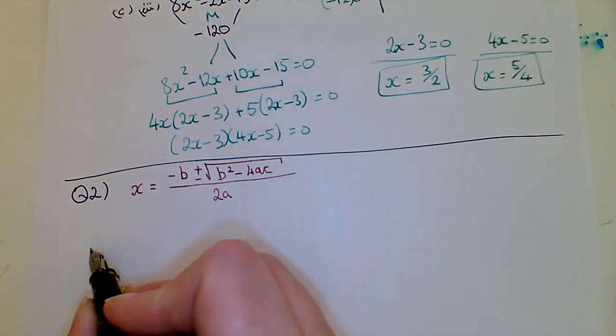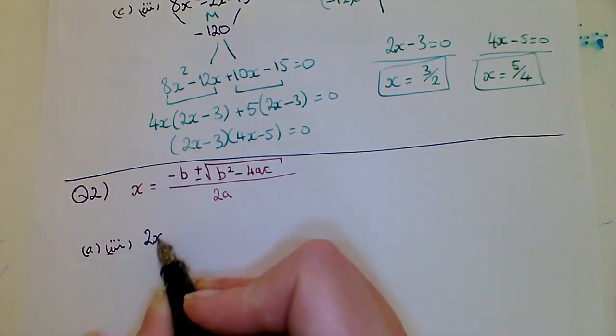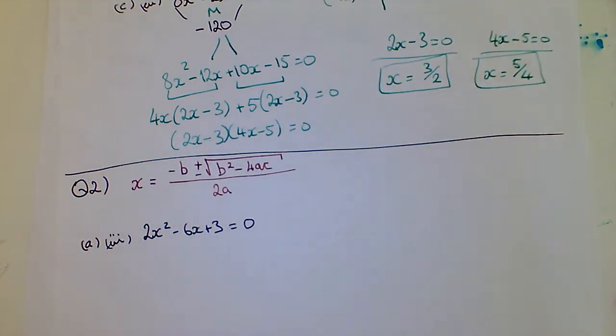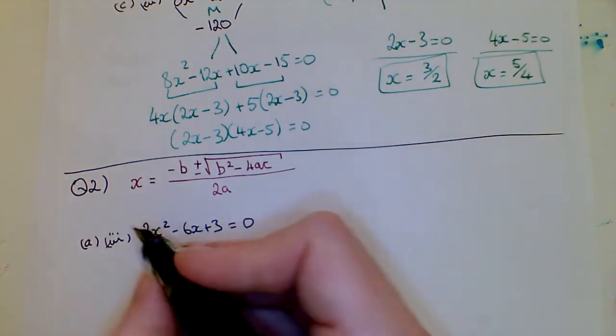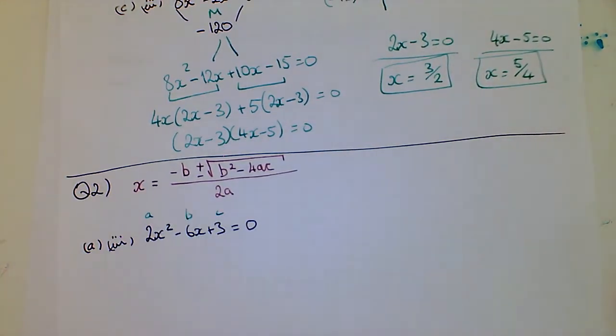We'll look at question 2a, part 3. 2x squared minus 6x plus 3 equal to 0. And my a, b, and c are just here because it's in the standardized format that we want.